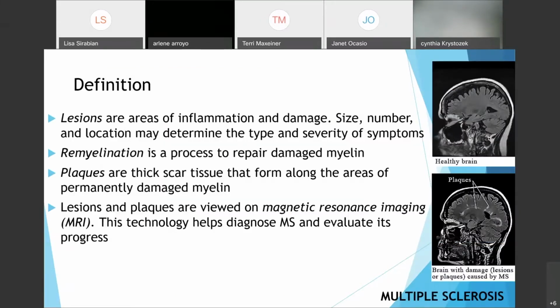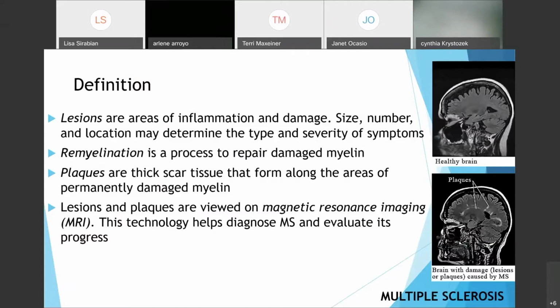So what do they do to diagnose this? Well, a big part of the diagnosis is going to be MRI. And also, following along the progress, they may use MRI as well. What they look for are lesions and plaques, and a lot of the literature uses them interchangeably.